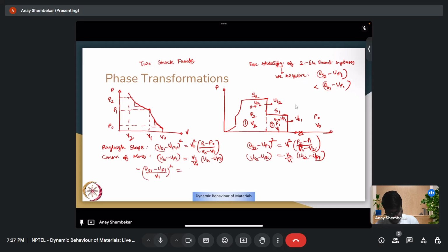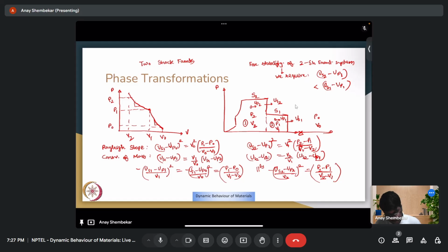So this is basically US1 minus UP0 by V0 whole square, which is nothing but V1 minus V0 upon V1 minus V0. And similarly, you can write US2 minus UP2 by V2 whole square. Negative of that is V2 minus V1 upon V2 minus V1. So this V2 minus V1 upon V2 minus V1 is delta P by delta V, which is nothing but slope.